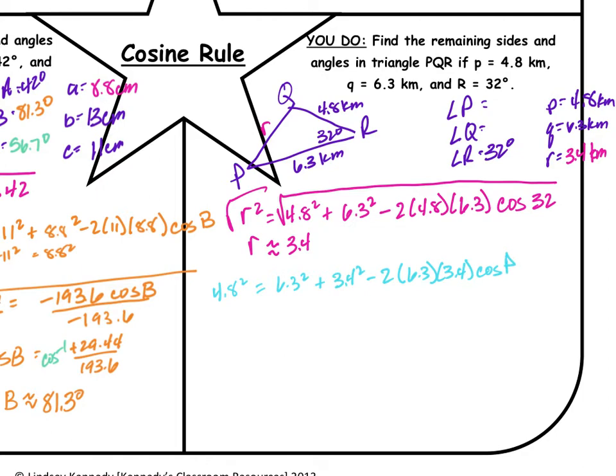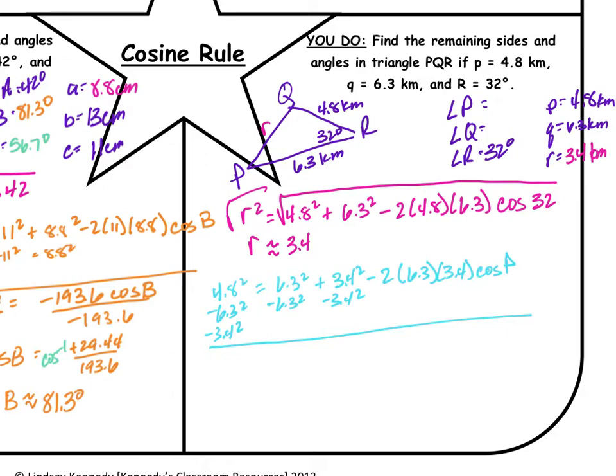And since P is on the right-hand side, I need to get it all by itself. So I'm going to subtract 6.3 squared from both sides, and subtract 3.4 squared from both sides.